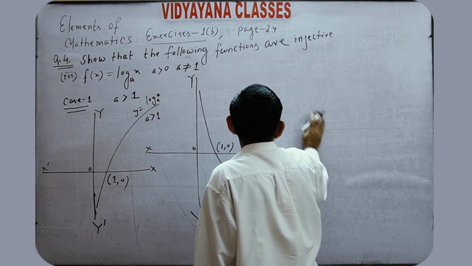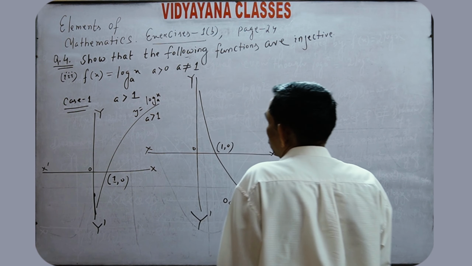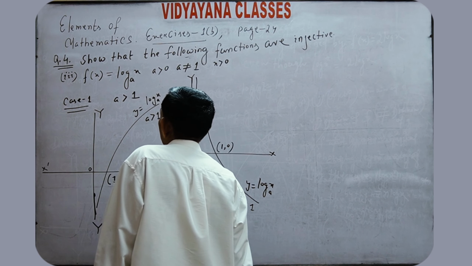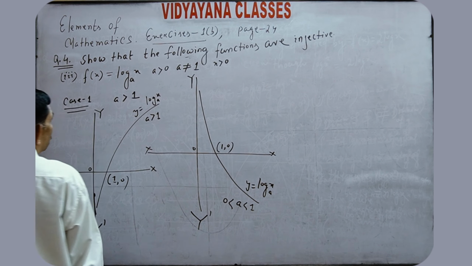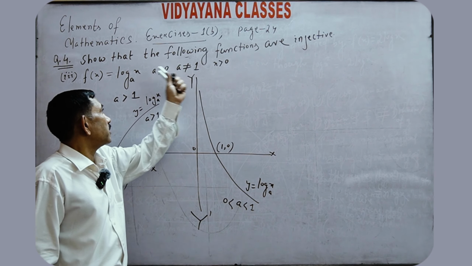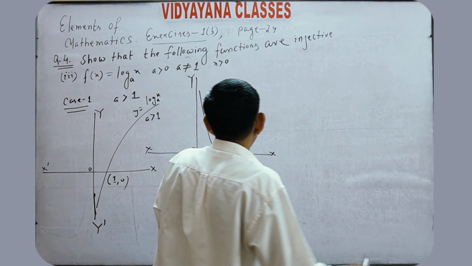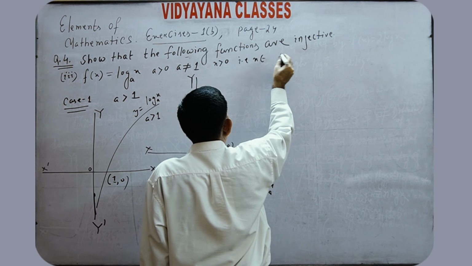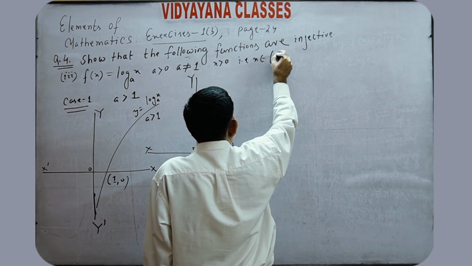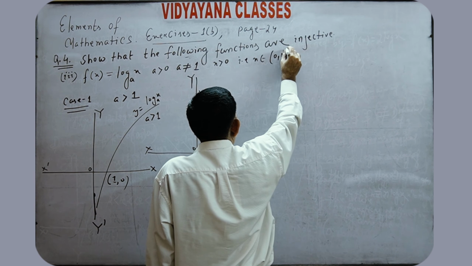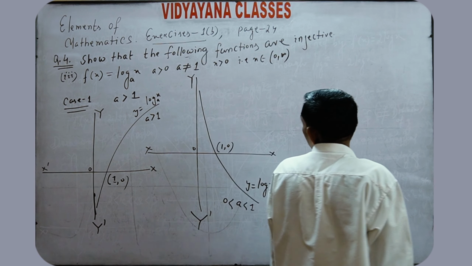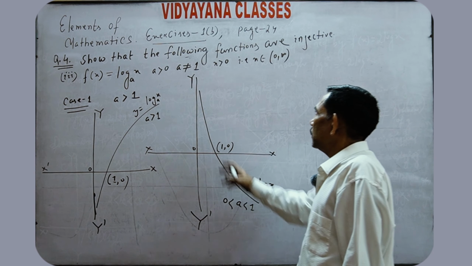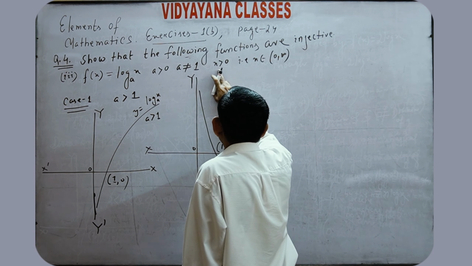Here we have to show x greater than 0. The logarithm function is defined when x greater than 0, that is, x belongs to (0, ∞). f(x) = log x with base a, a greater than 0, a not equal to 1, and x greater than 0.